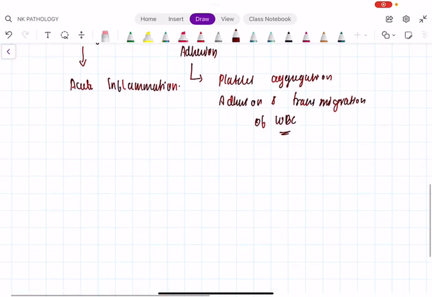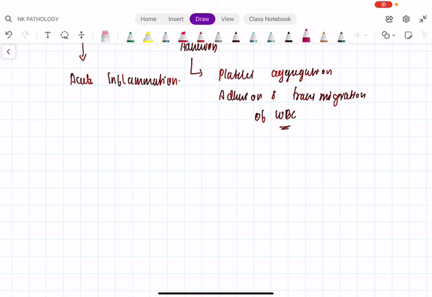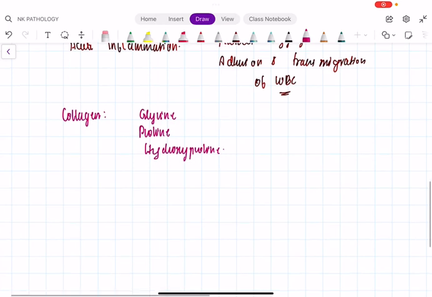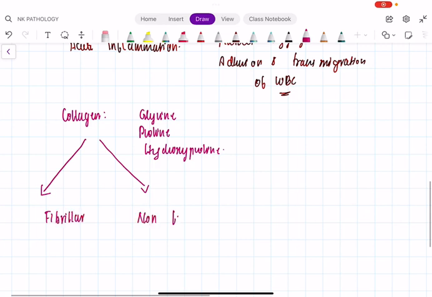Then some extra basic points in collagen. Collagen is the most abundant protein in the body. Collagen has 3 important amino acids: glycine, proline, hydroxyproline. We have 2 major classifications of collagen: fibrillar collagen and non-fibrillar collagen.